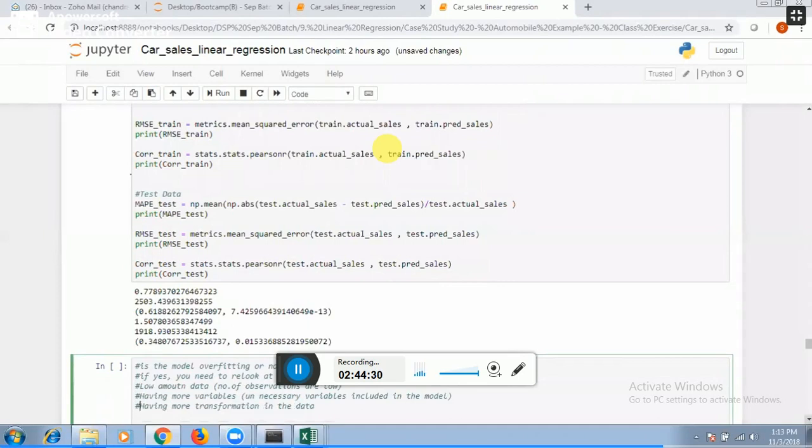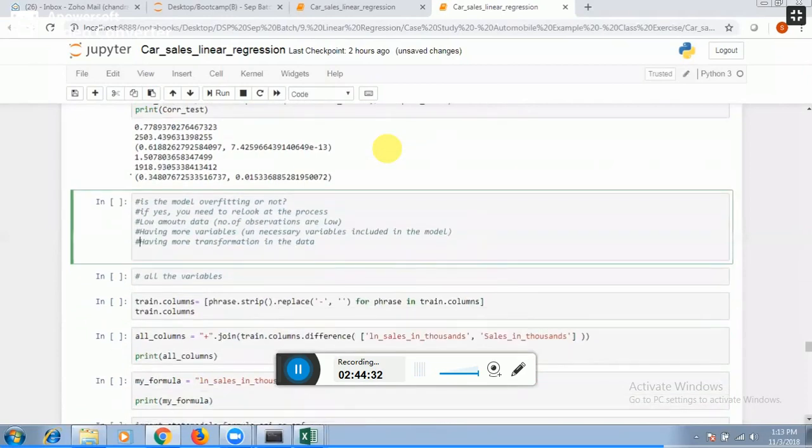It can be any reasons, etc., because I cannot say that these are the only reasons. Of course, these are the very popular reasons. So what you need to do is relook at the model.